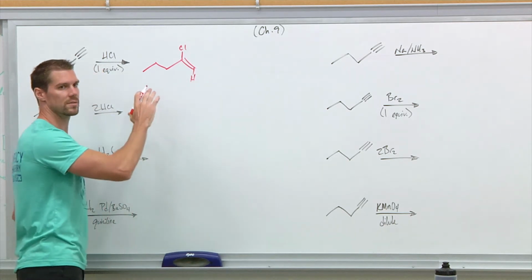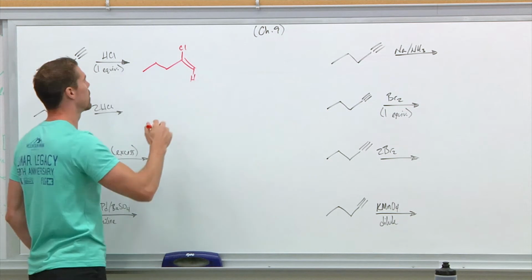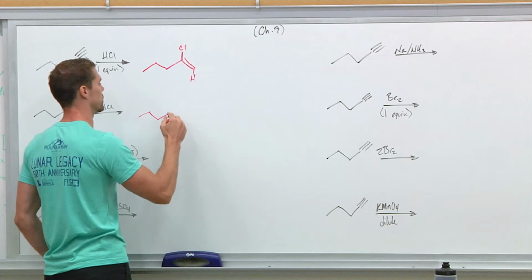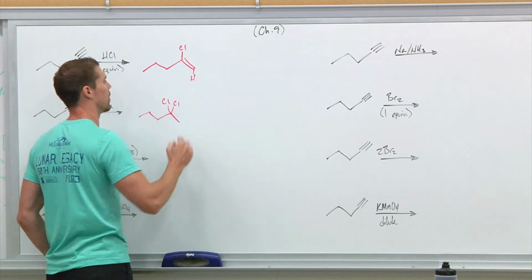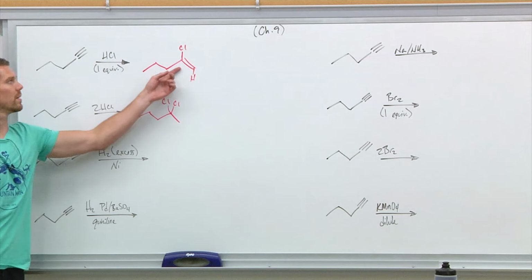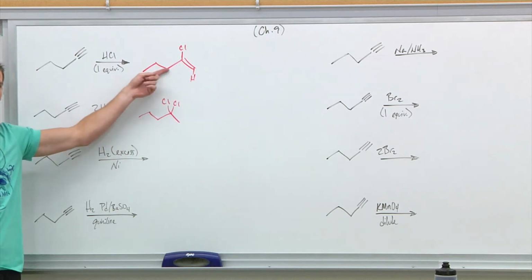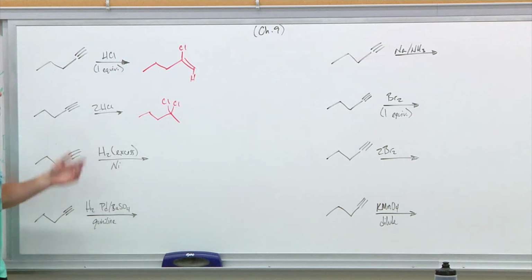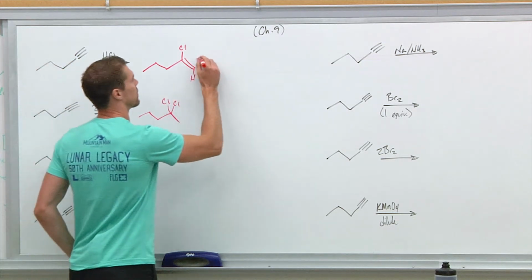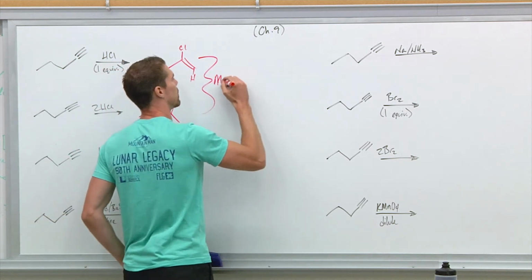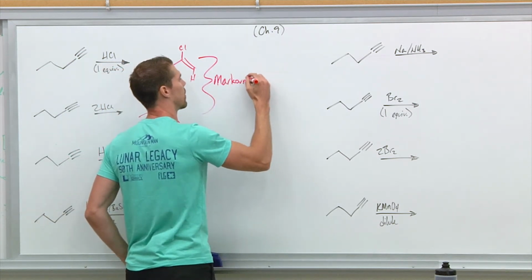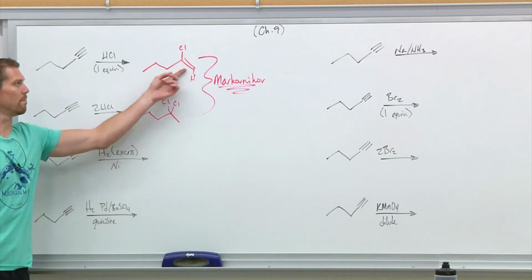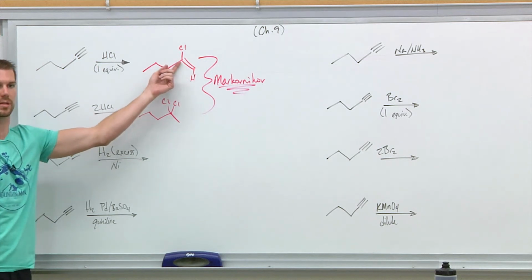This can be cis or trans, doesn't matter. The chlorine is going to add to the most substituted carbon both times because it's Markovnikov. So both of these bonds, it's going to add to the most substituted.